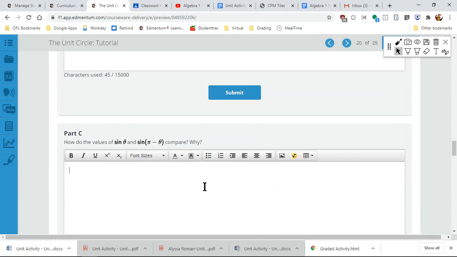So in this one, how do these compare? Same thing as with the cosines. These two values are equal.